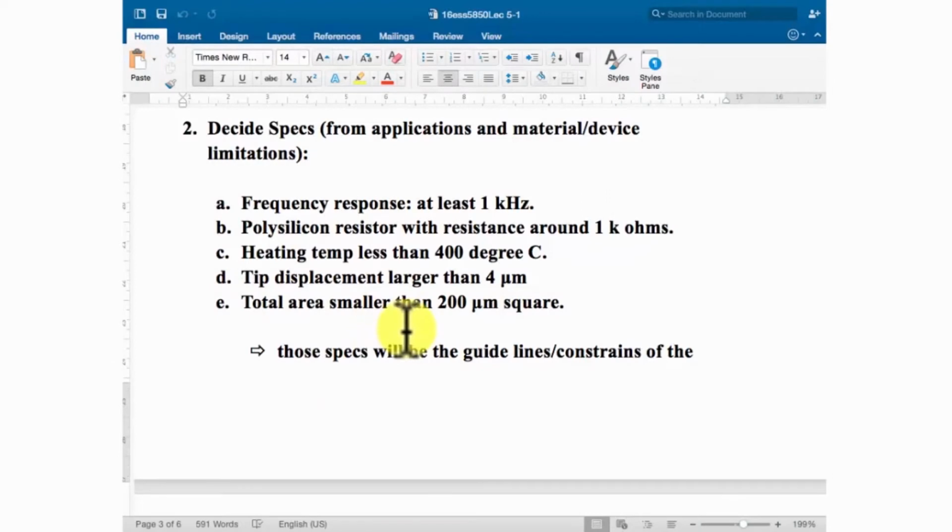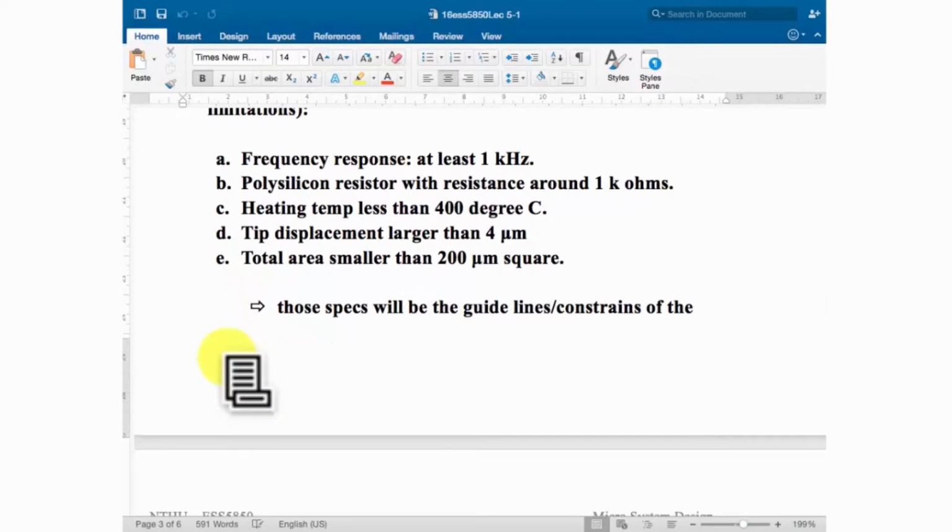The chip space is like real estate. You buy a house, you cannot buy an extremely large house. It's very costly. You need to spend all the money on a small area. Try to make your house functional inside a small area. That's the idea. So the total area needs to be smaller than some area. That's also a constraint. Those aspects will give the guidelines, constraints, and the basket for your basketball.